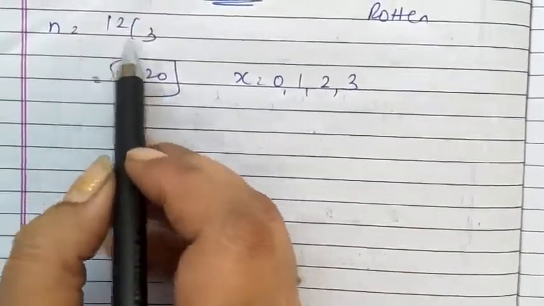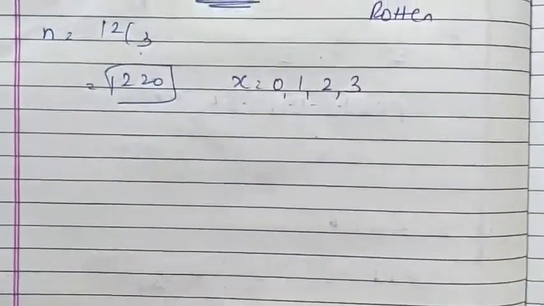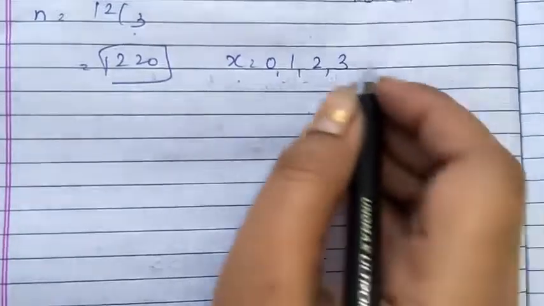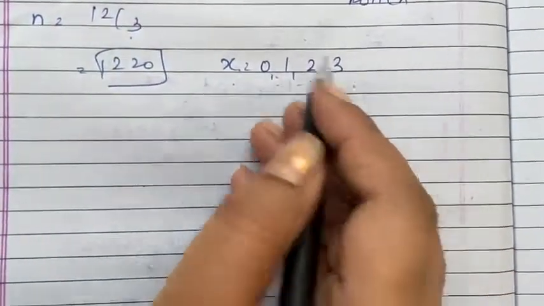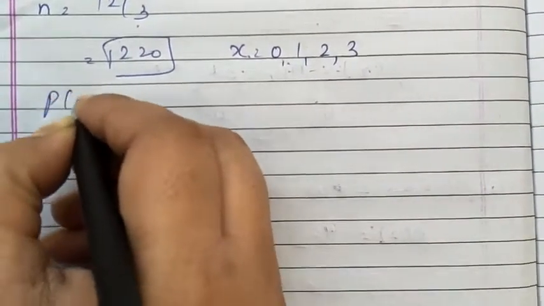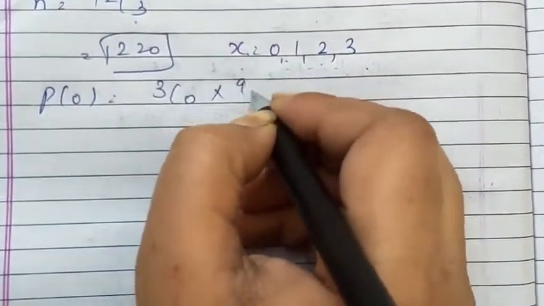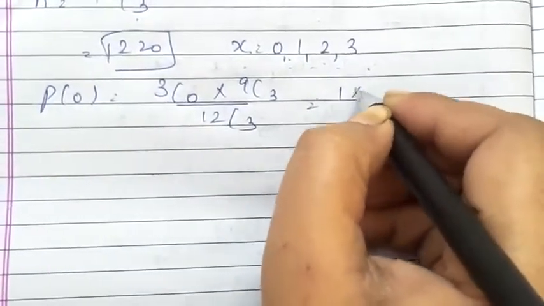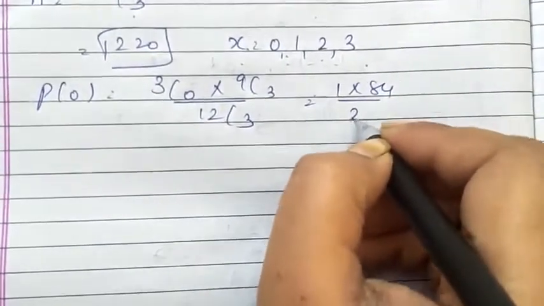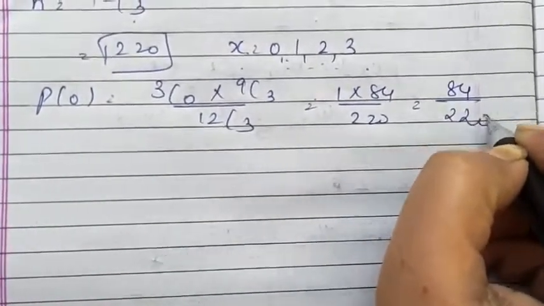As such we have to select 3 mangoes, so we will find x0, 1, 2 and 3. So now let us find x0, x1, x2 and x3 values. So P0 is equals to 3C0 into 9C3 upon 12C3, that is 1 into 84 upon 220, that gives us 84 upon 220.